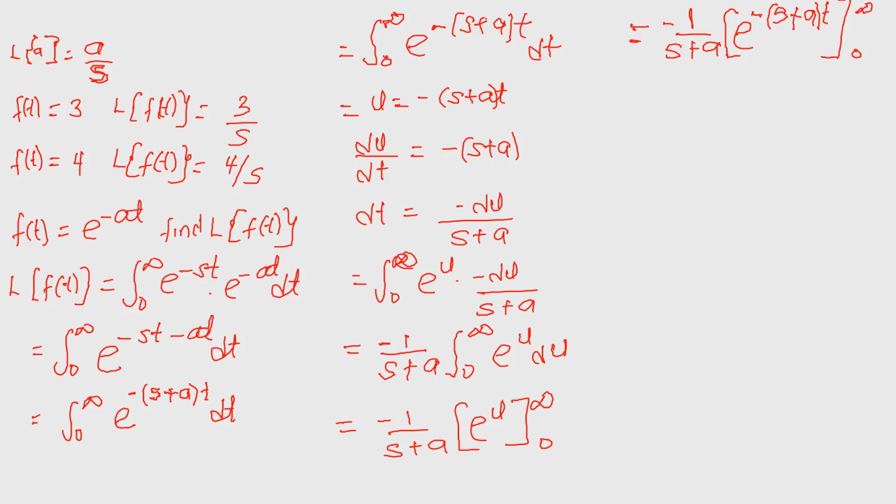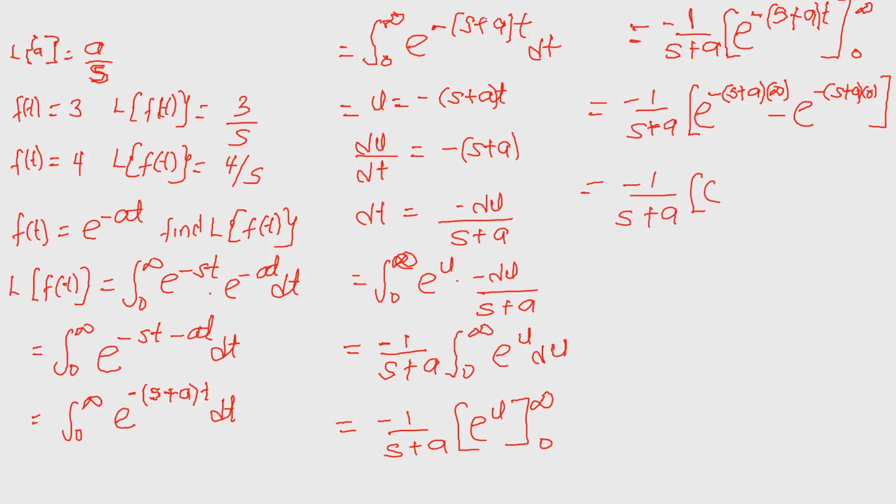So which is going to be minus 1 over s plus a, then e raised to the power of minus s plus a into infinity, then minus e raised to the power of minus s plus a into 0. So which is going to be minus 1 over s plus a, so into, this is going to give you 0, then minus, this is going to give you 1. Okay, so now when you multiply, you're going to have 1 over s plus a.